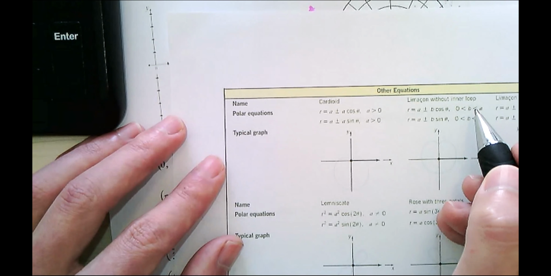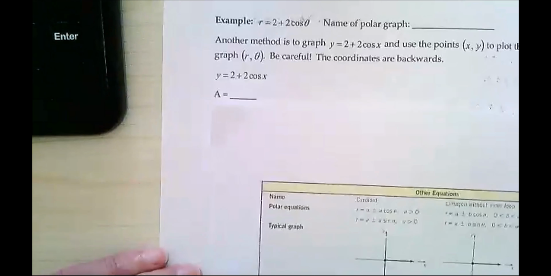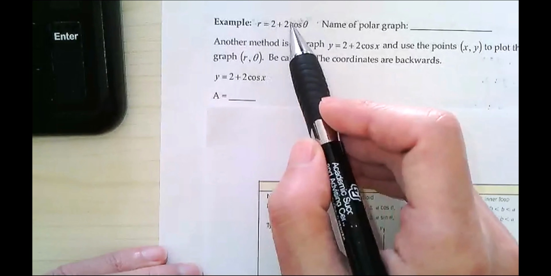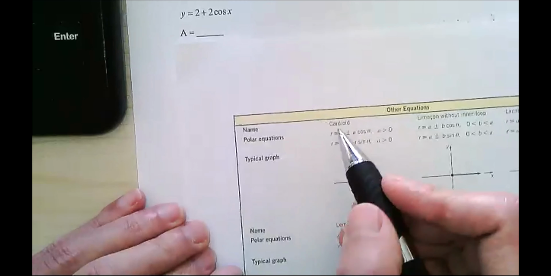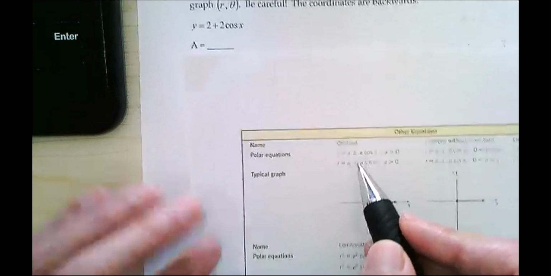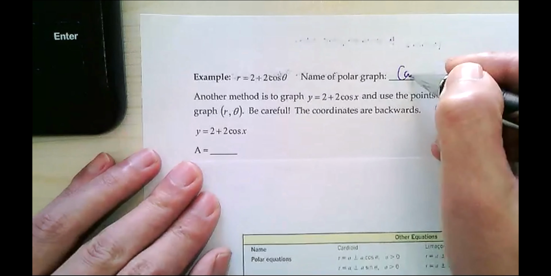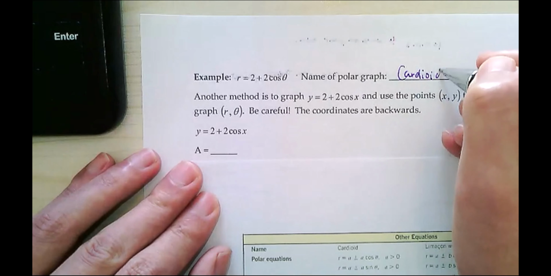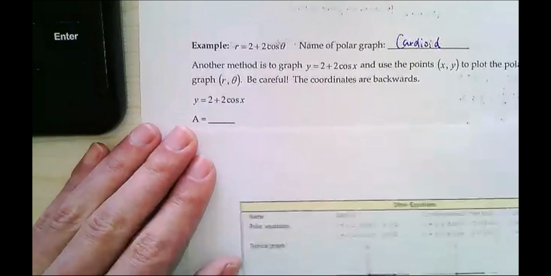In other words, they cannot be the same. However, look at our question. We have 2 here. We also have a 2 here. So they are all the same. So this is a cardioid. Okay, so cardioid.